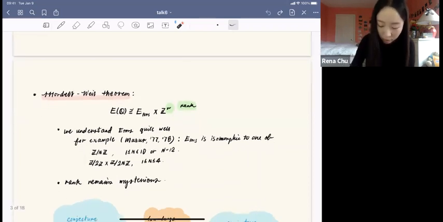We understand the torsion part quite well. For example, by a result from Mazur, we know that the torsion subgroup is isomorphic to one of these subgroups. The rank, however, remains quite mysterious.